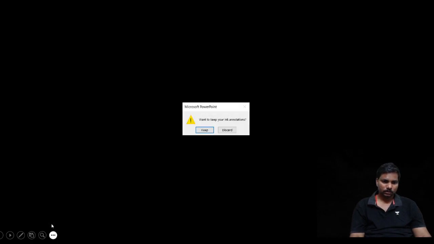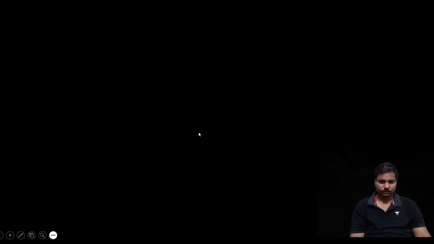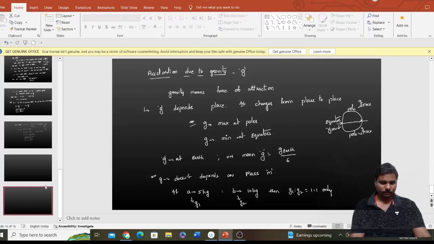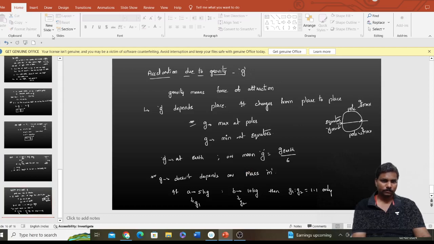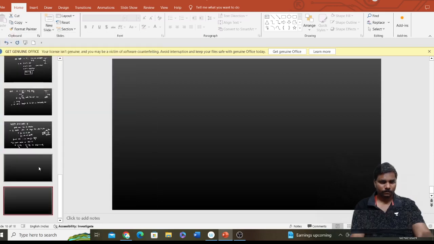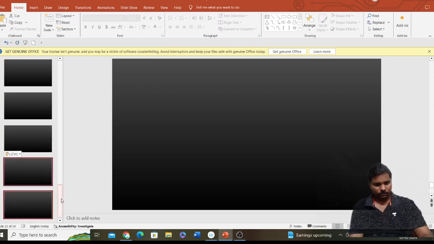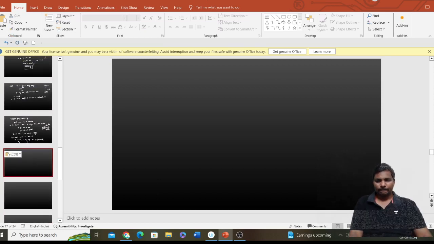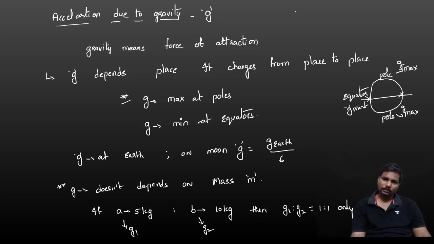Coming to the g value, generally g is equal to 9.8 meter per second squared.